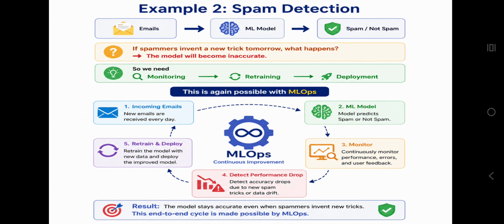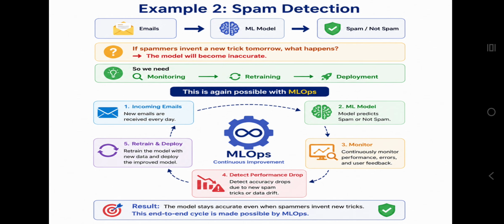For that, we need to take the help of the subject called machine learning operations, which will keep on monitoring the machine learning model, keep on detecting the performance, and keep on retraining on the new data that is added from time to time.